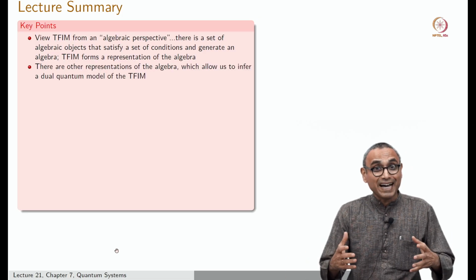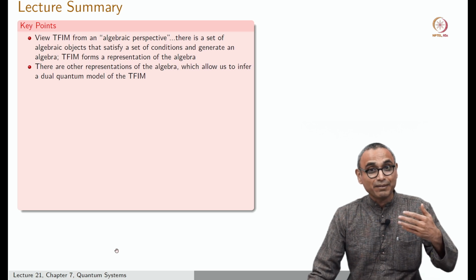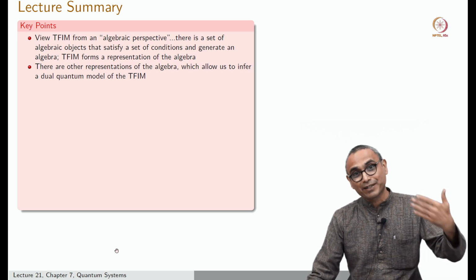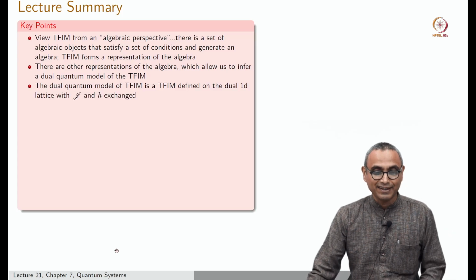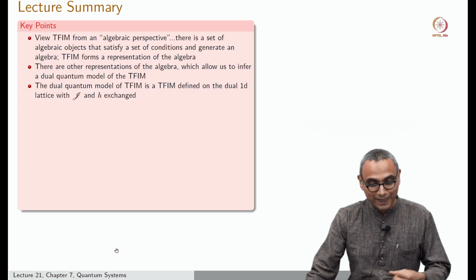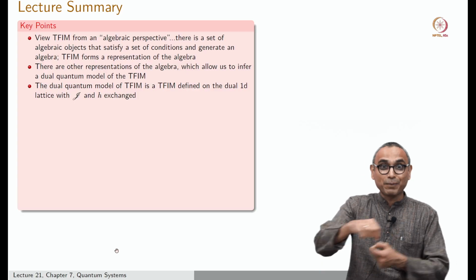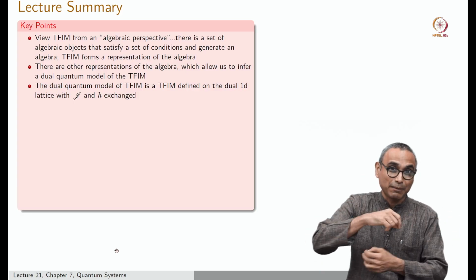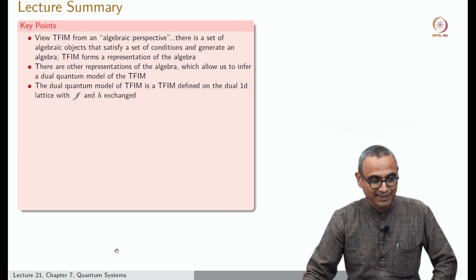We then found another representation of the same algebra, and from that representation we were able to infer a dual to the transverse field Ising model. The dual turned out to be a transverse field Ising model but with coupling constants exchanged. That is, j becomes h and h becomes j.